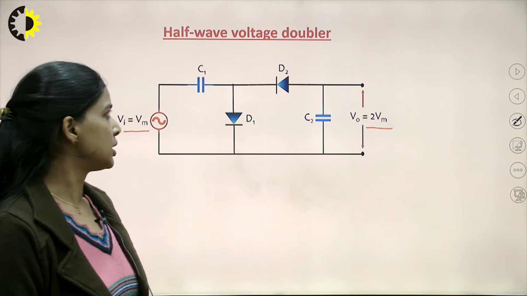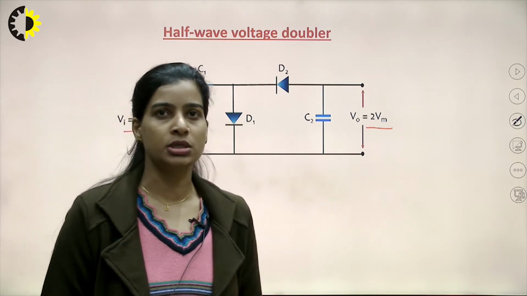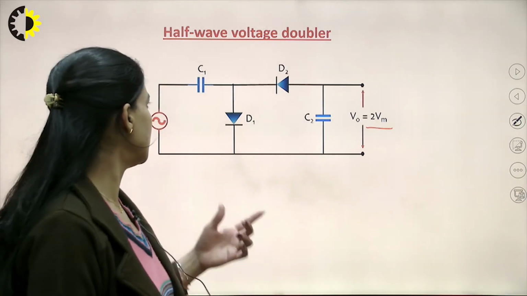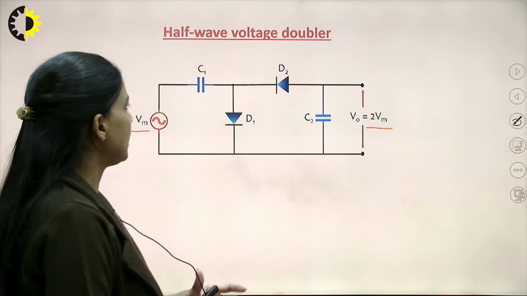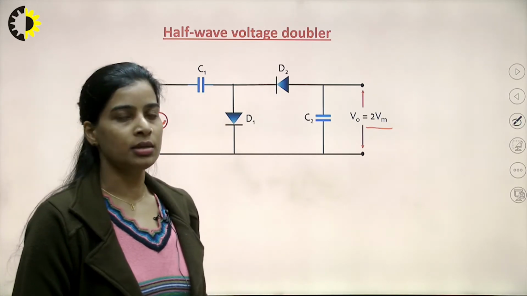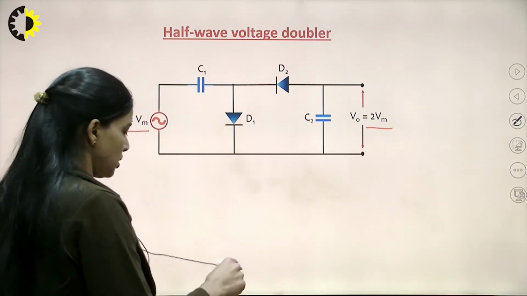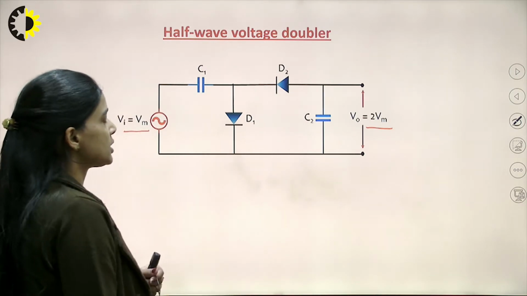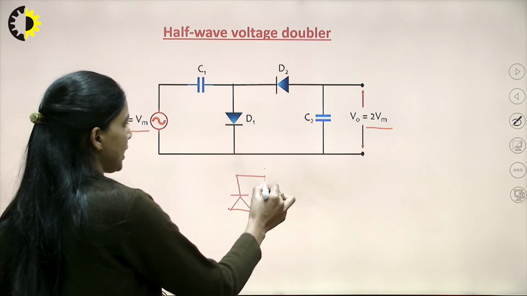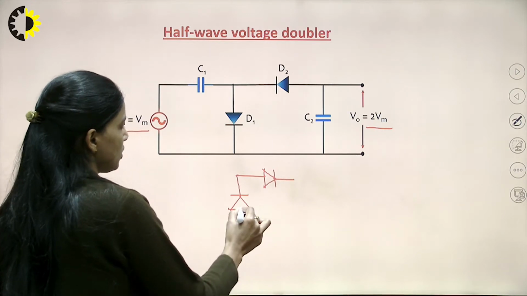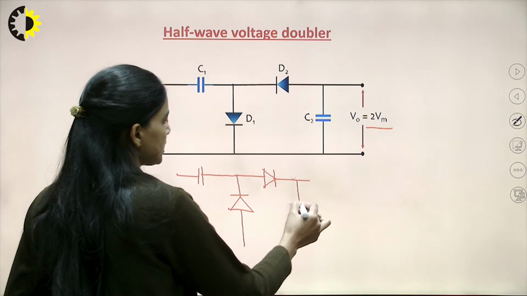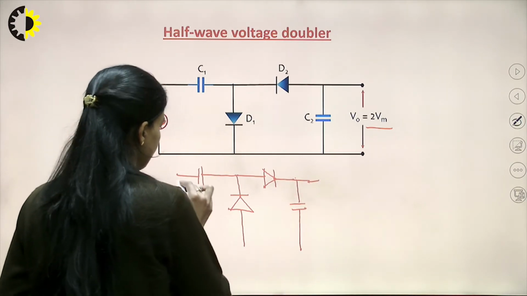To design a half wave voltage doubler circuit we need 2 diodes and 2 capacitors along with the input signal. Here D1 and D2 are the 2 diodes, and C1 and C2 are the 2 capacitors. This is one way to connect a voltage doubler circuit. We can also get a voltage doubler by connecting the diodes in this way. In these 2 different circuits we get the doubled voltage in the positive or negative direction.